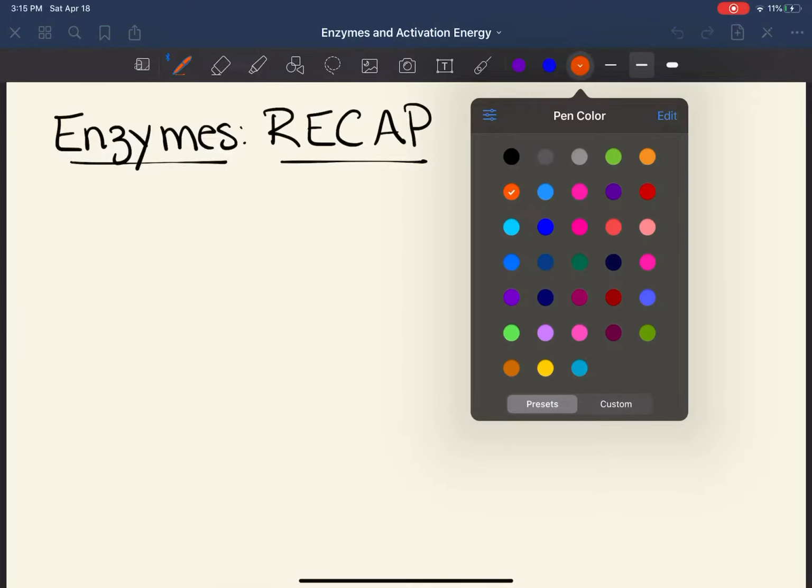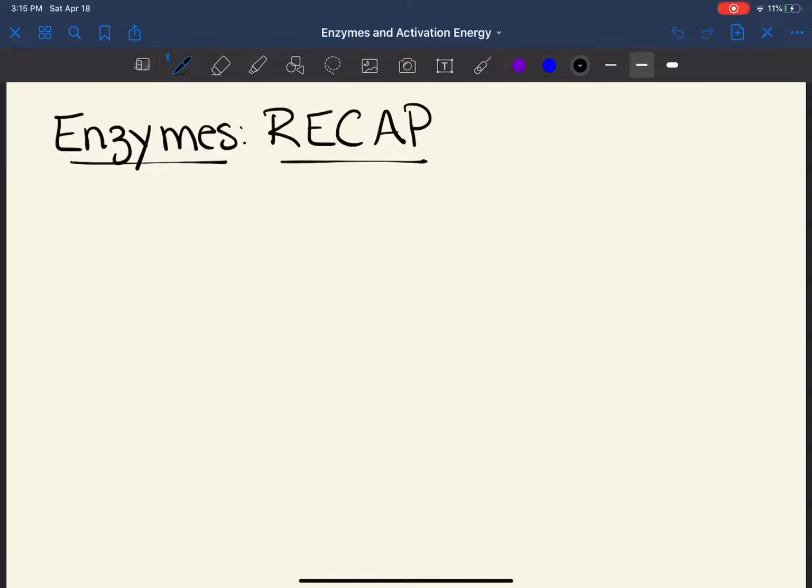From our videos and what you should have learned, you will remember that your enzymes look a little like a Pac-Man, right? So right here, you have your enzymes.